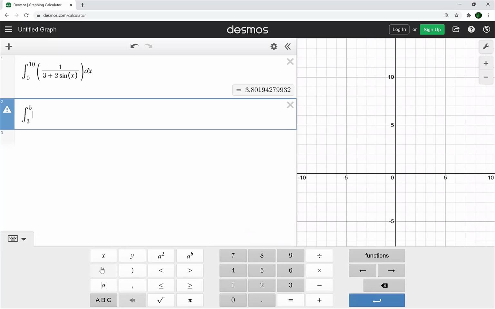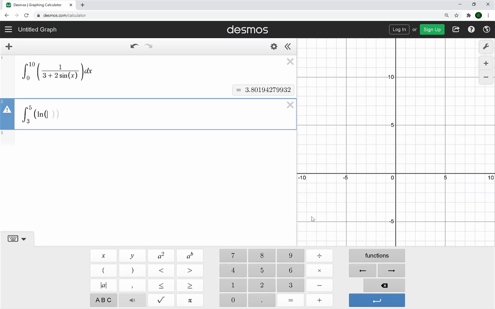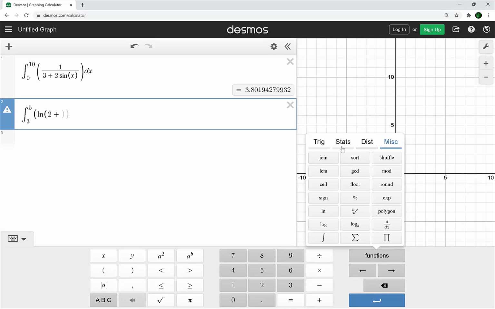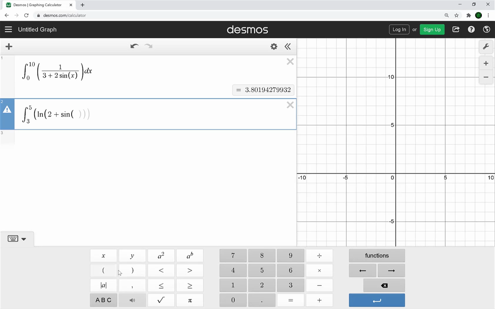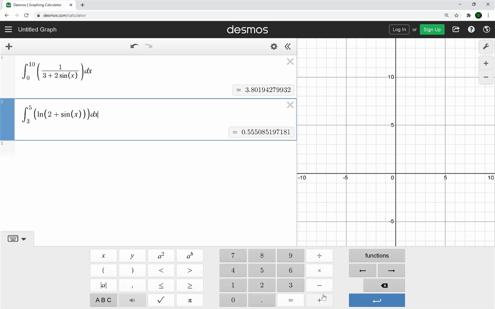I already forgot it. ln, where's my ln? ln of 2, was it inside the parentheses, the argument, plus sine t. Sine x. Close like that. And close. And then I'm gonna put dx. And then whatever that is, I'm gonna put plus 4.